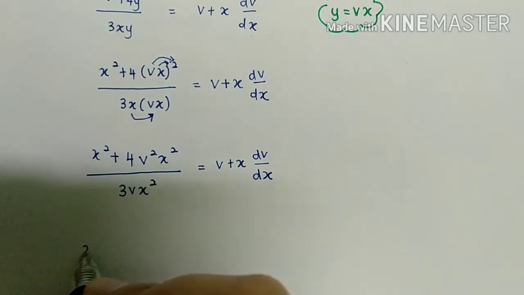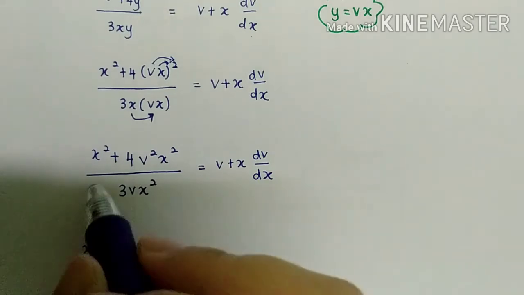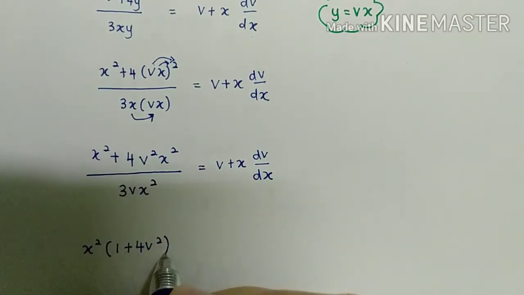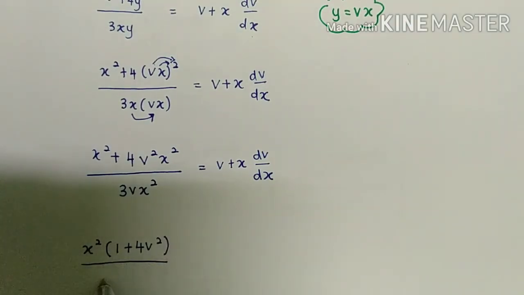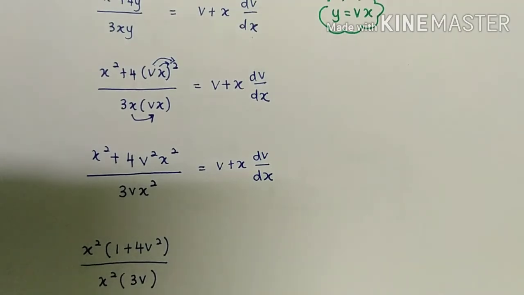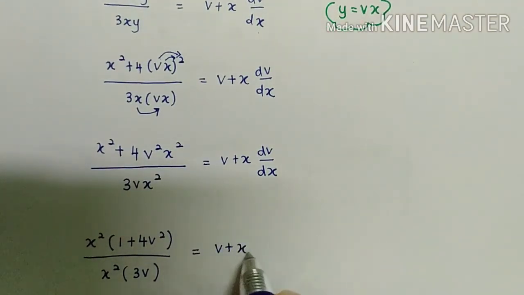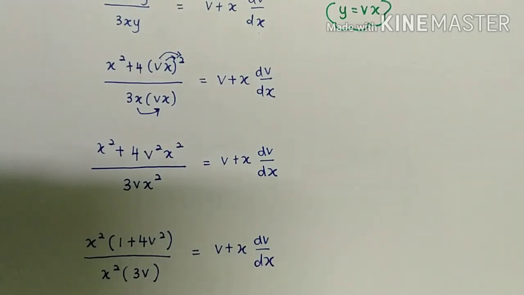We take out x squared, so we have 1 plus 4v squared for the numerator, and the denominator, if we factorize x squared, is 3v.